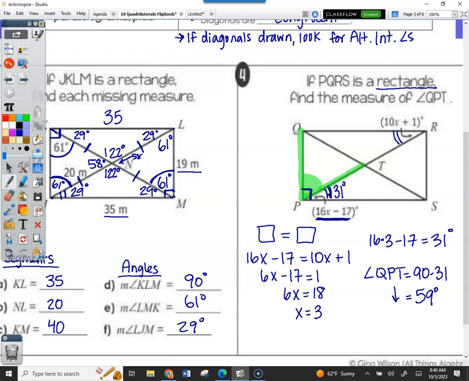All right, I want to practice rectangles. You have the practice sheet in front of you. I only want to do odd. I don't want to do all 13, because this is not all we're doing today.